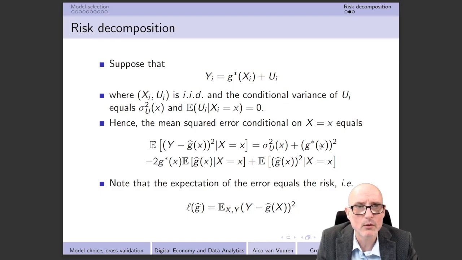Now focusing on these two terms over here, we should realize that together they already look more or less like a squared term, because here we have a squared term, and this term already looks a lot like a cross term, because we have the g star x that also showed up over here. We have a 2 in front, and we of course have this term over here.